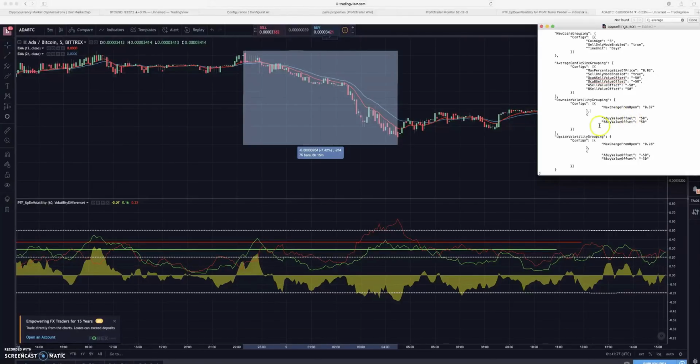And I'm just using offsets. I'm not using overrides. Basically, if the downside volatility is above 0.37, which is right around this red trend line I drew yesterday, then I want to have my buy value at a 50% offset.